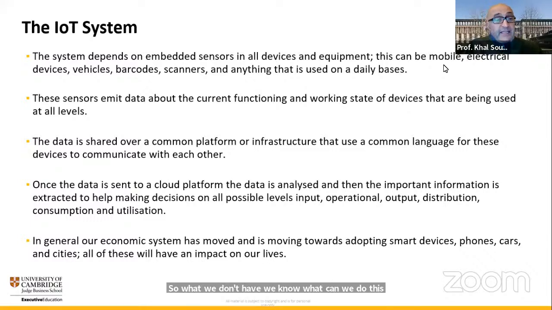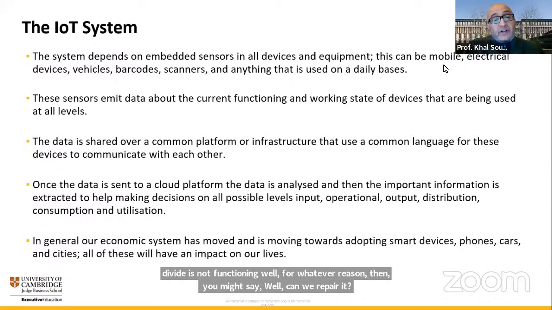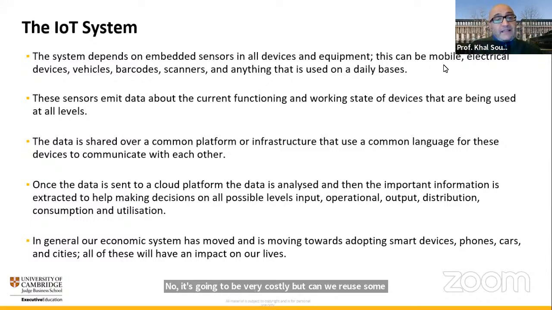But if we are getting data that shows that this device is not functioning well, for whatever reason, we might ask, can we repair it? No, it's going to be very costly. Can we reuse some of the material? Yes, but we need to dismantle it. Can we repurpose it? So we need to identify which circular economy model would be applicable to this specific device that we're thinking about.